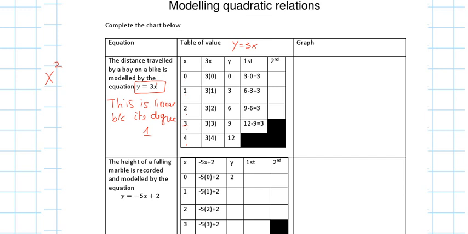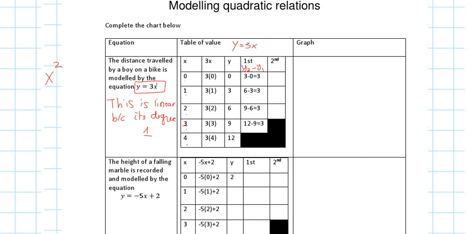Now, here is the important part. Eyes on me, please. In order to determine if it's linear or quadratic, I have to do what we call the first difference. What does the word difference mean in math? Subtraction, addition, multiplication, division? Subtraction, right? So I have to subtract the second y value minus the first y value.